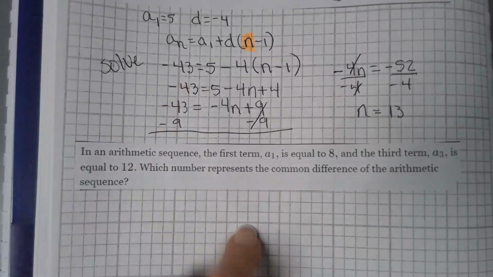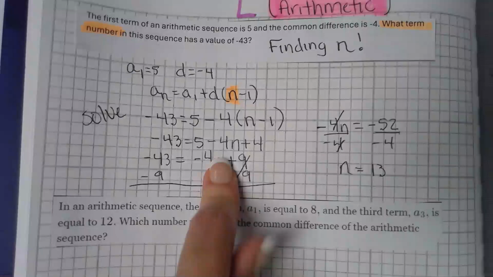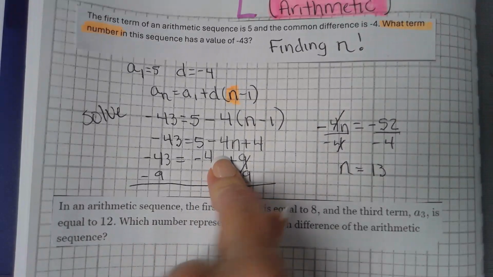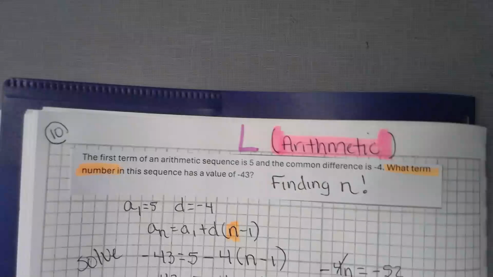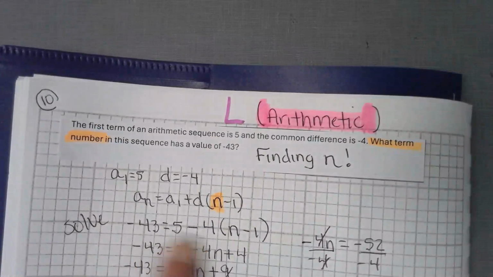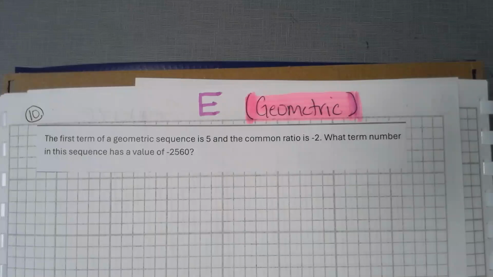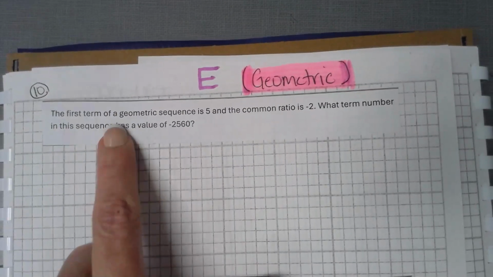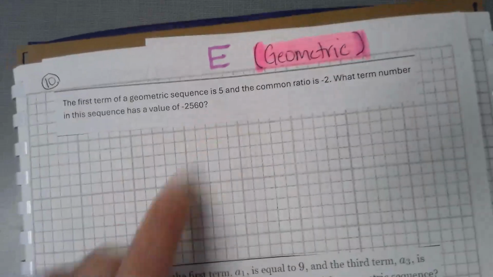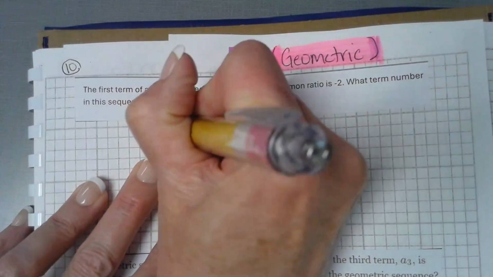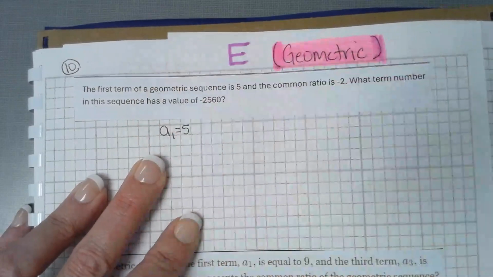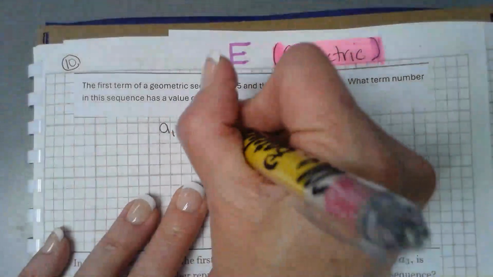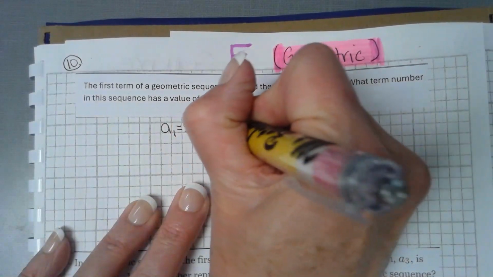Okay, now, I want to flip. I know we haven't done this one, but y'all, because we did this one, I want to flip over and do the geometric one. It's important, because here we were able to solve it by hand, and I want you guys to see something here, okay? So let's flip over real quick. Geometric sequence. The first term is 5. The common ratio is negative 2.